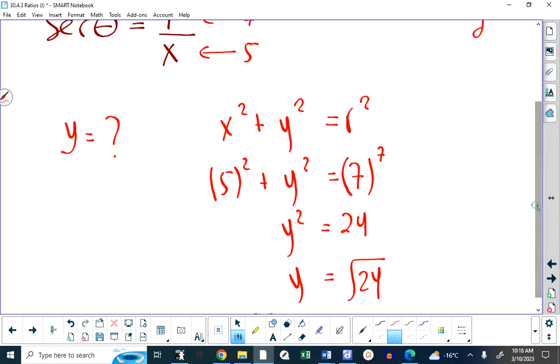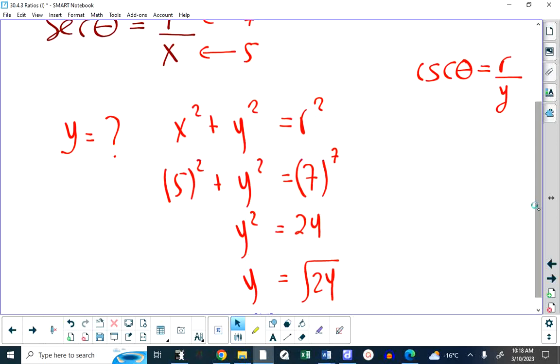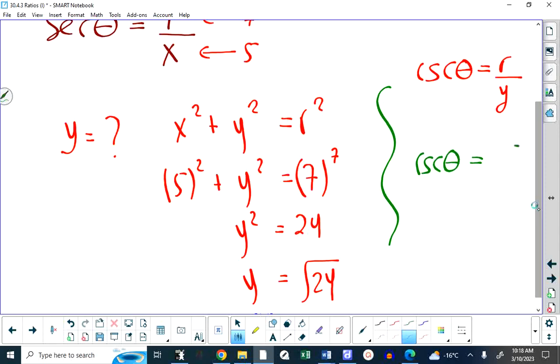I want cosecant of theta, which would be r over y, which was 7 over root 24. Are you all okay with that? Is anybody not okay with it?